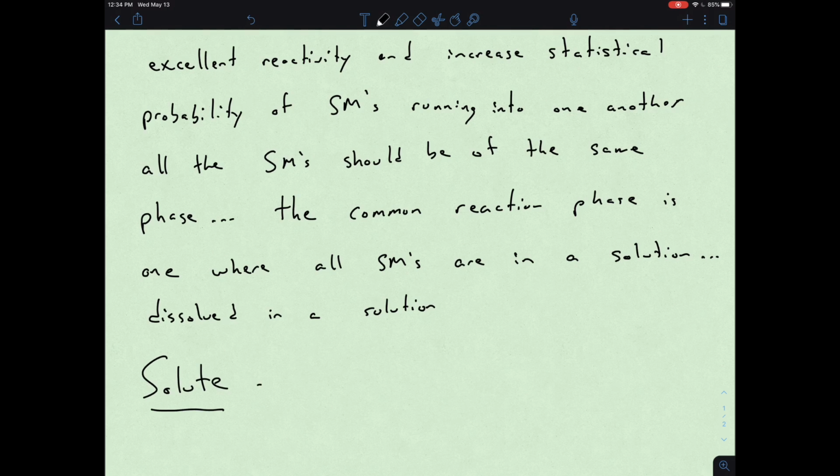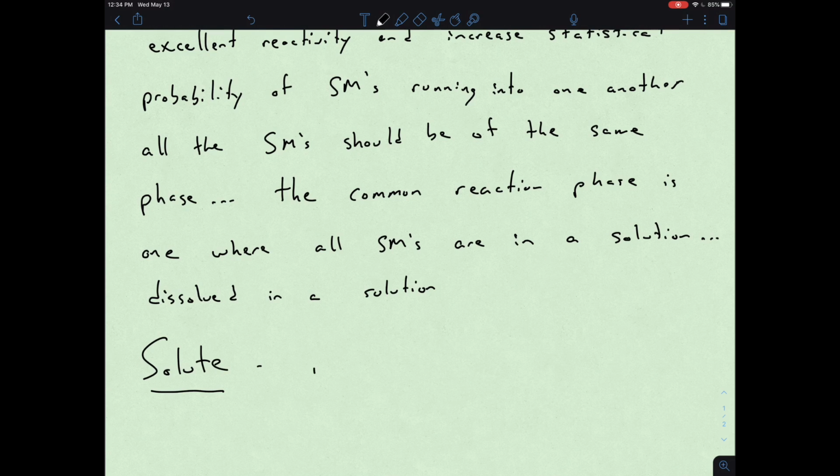We have solute. Solute is the molecule that is being dissolved. This is called dissolution, as far as being dissolved.